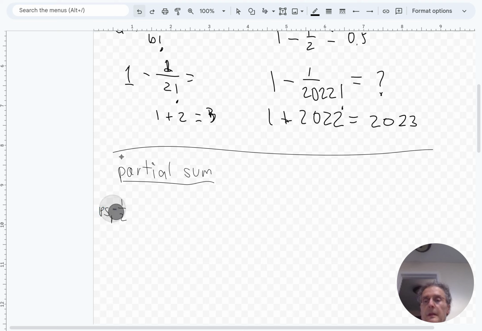Partial sum 1 is equal to 1 over 2 factorial, right? And then partial sum 2 is equal to 1 over 2 factorial, which is 1/2, plus 2 over 3 factorial, which is 6, and that equals 5/6, right?